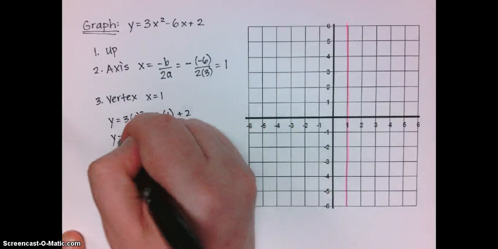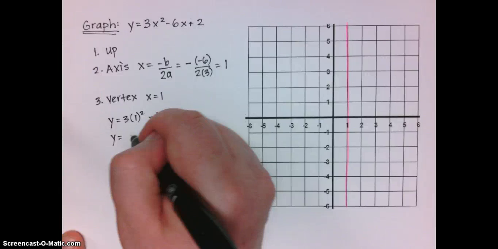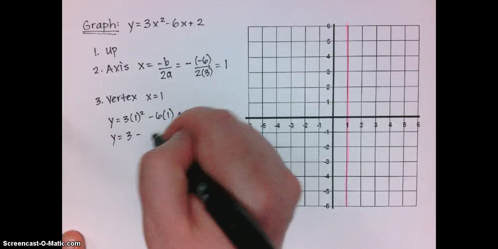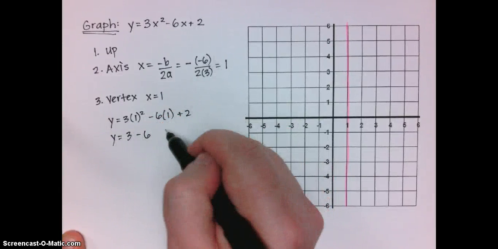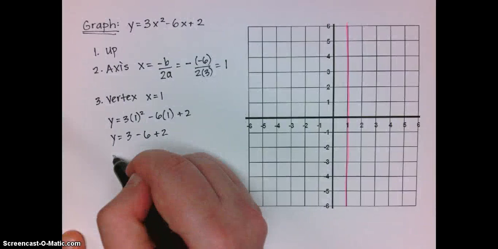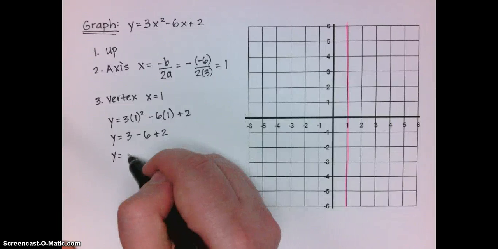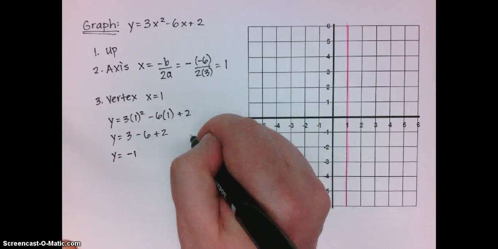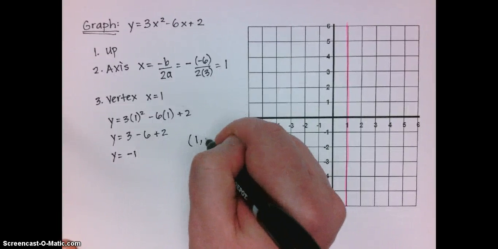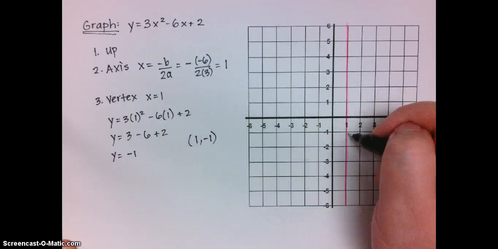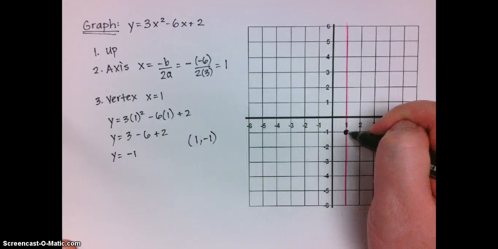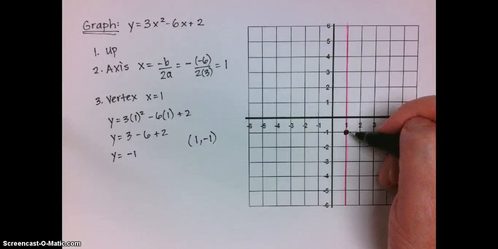So y is equal to 3 times 1 squared is 3, minus 6 times 1 is 6, plus 2. So y is 3 minus 6 is negative 3, plus 2 is negative 1. The vertex is going to be at 1, negative 1. So I'm going to plot that right here. This is going to be the bottom of my parabola.